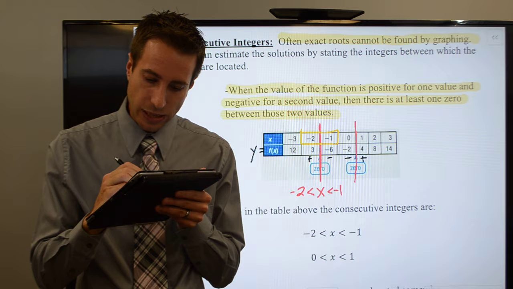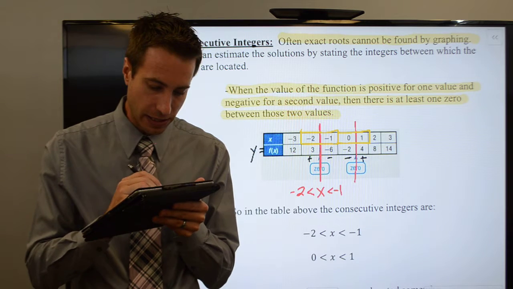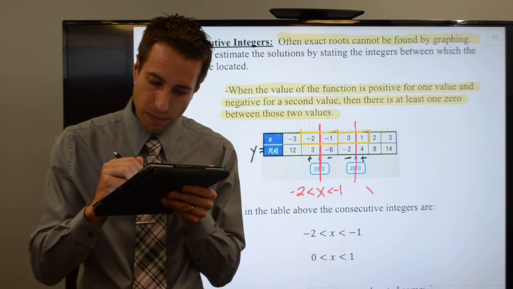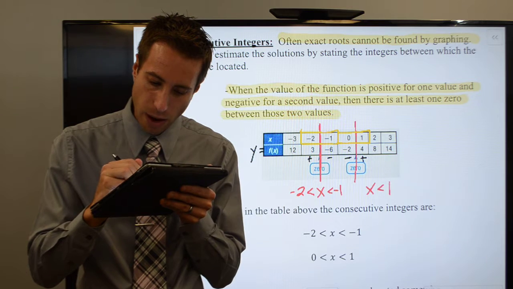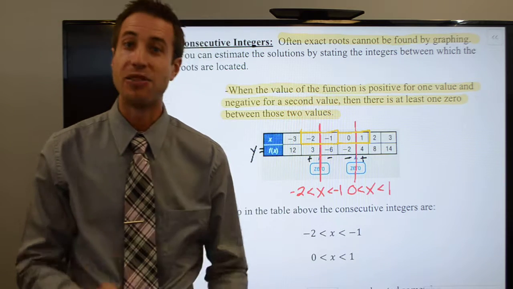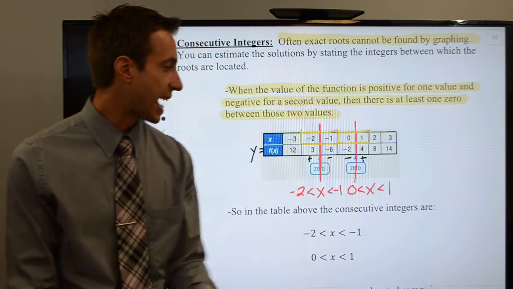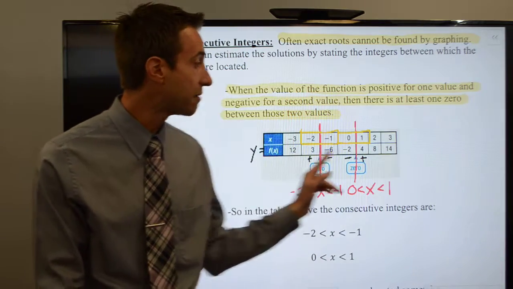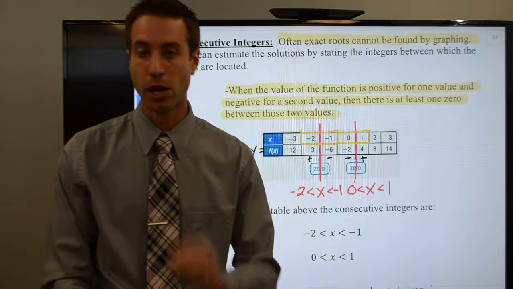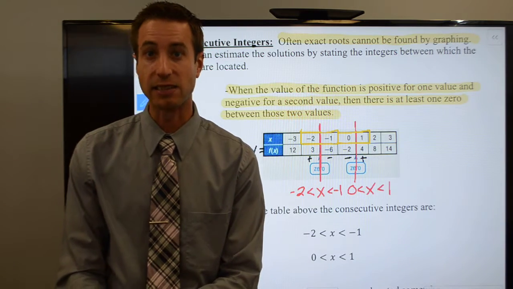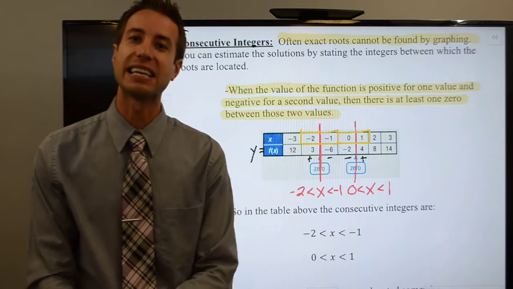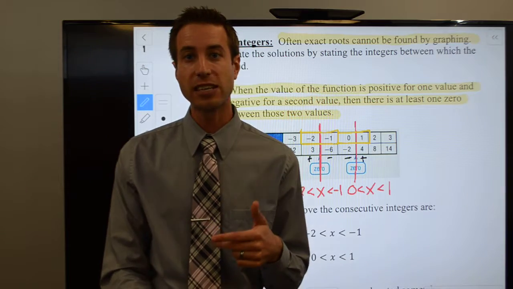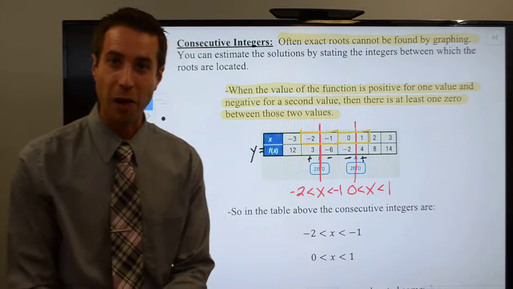Well, all I can do is give you consecutive integers, which in this case would be somewhere less than 1 and greater than 0. Again, the way this is going to work is you set up your table. If you don't have zeros in the y column, you'll be looking for consecutive integers, and we'll go ahead and give this some practice on the next page of the notes. So head on over, I'll meet you guys there.